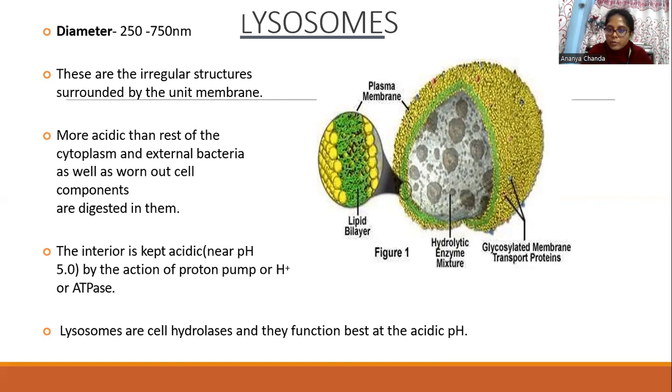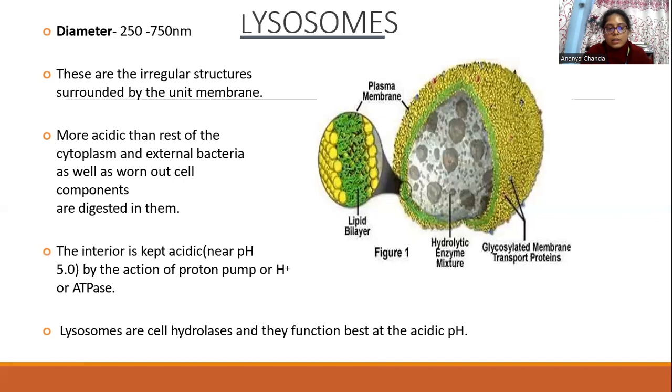One thing I would like to mention is that lysosomes are also known as what? The suicidal bags. That is, it contains the enzyme lysozyme. This lysozyme helps to digest the bacterial components or any cell debris outside the cell.